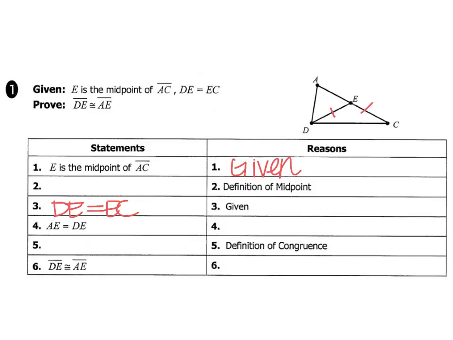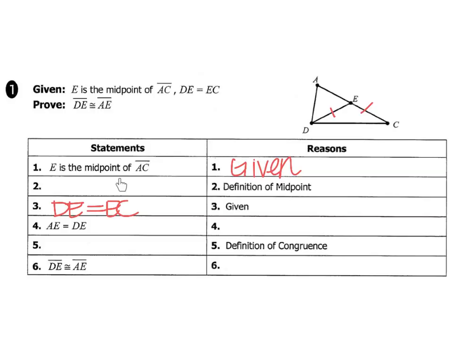Now statement number 2, we know our reason for statement number 2 is dealing with the definition of midpoint. So what is the definition of a midpoint? The definition of a midpoint says that if E is the midpoint of AC, that means that it cuts AC in half. Therefore, by the definition of a midpoint, we know that AE is equal to EC.